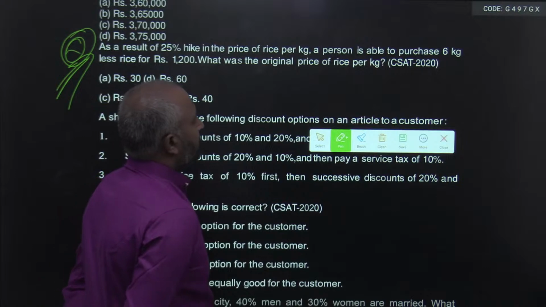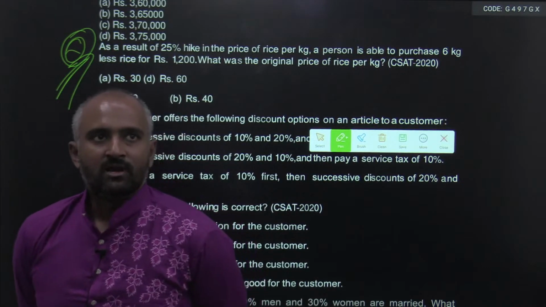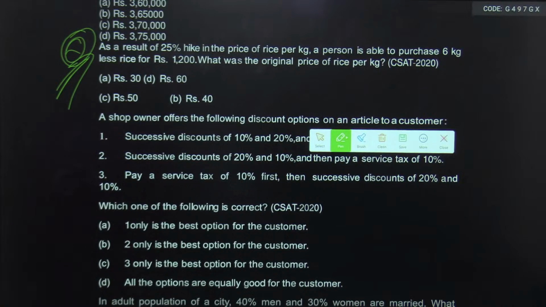What is the original price of the rice per kg?